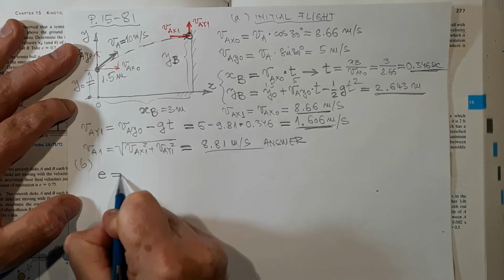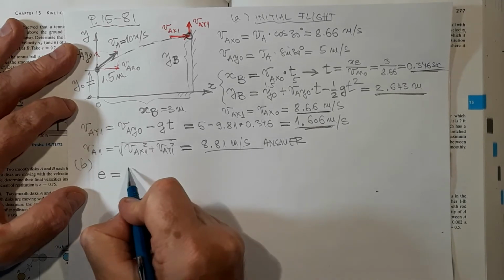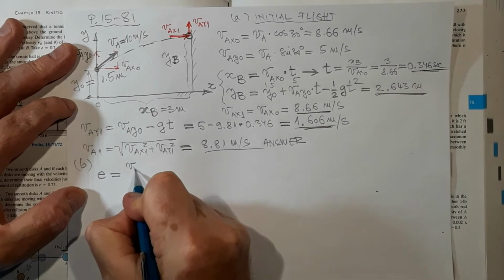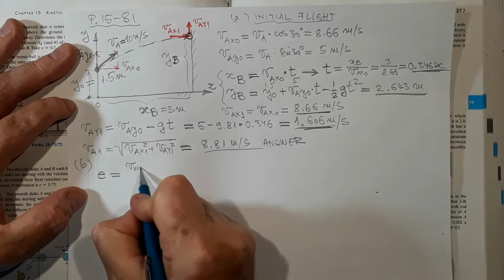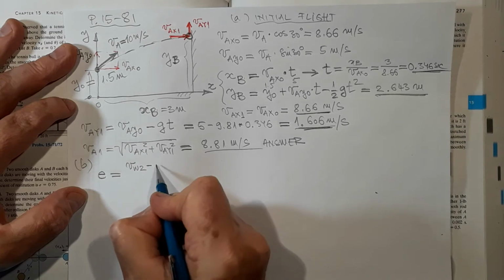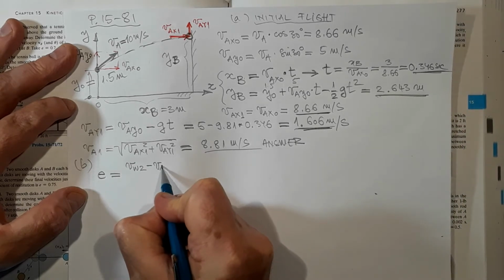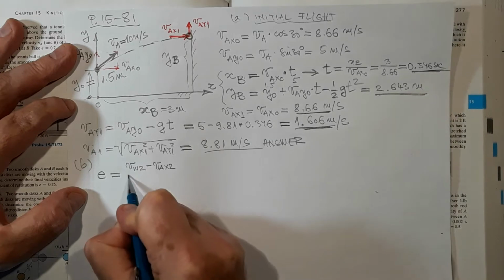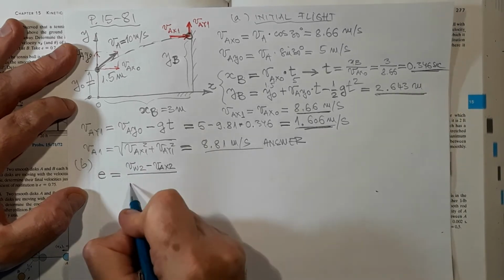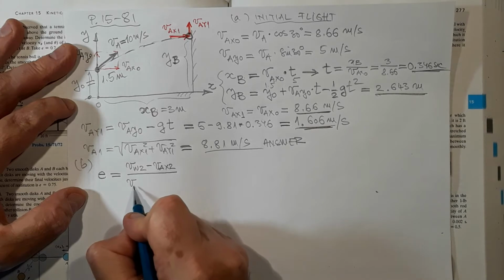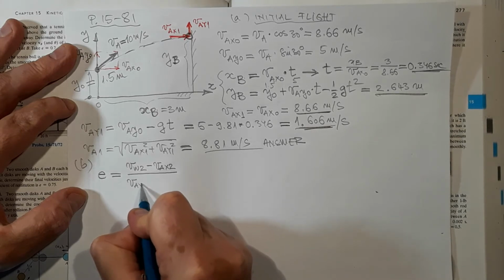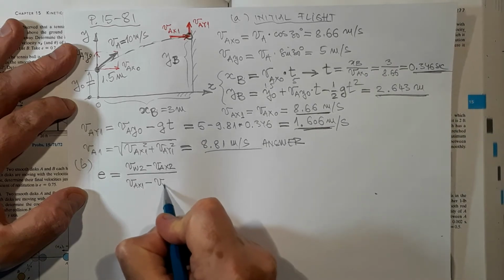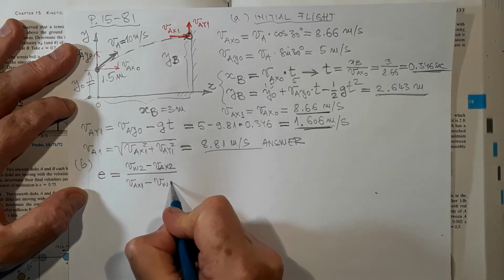The coefficient of restitution would be the velocity of the wall after impact minus the velocity of A in the x direction after impact, over the velocity of the ball A in the x direction before impact minus the velocity of the wall before impact.